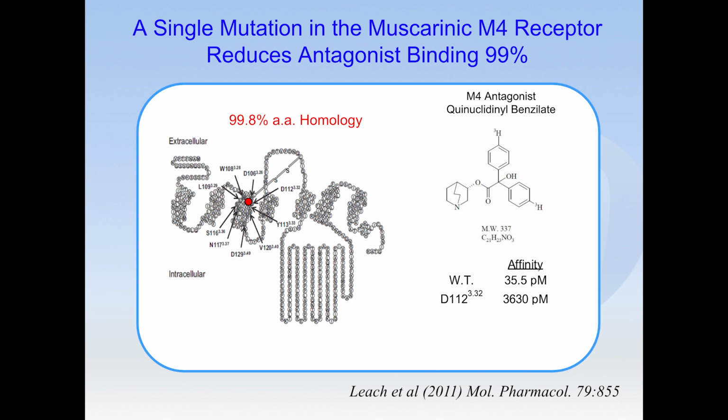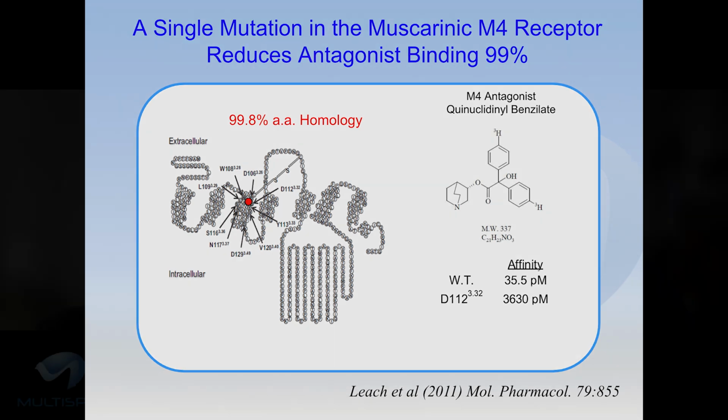The next slide shows that this also translates to very severe differences in the affinity of muscarinic inhibitors on this receptor. So this basically shows that very, very small differences in amino acid homology can lead to catastrophic differences in pharmacology.